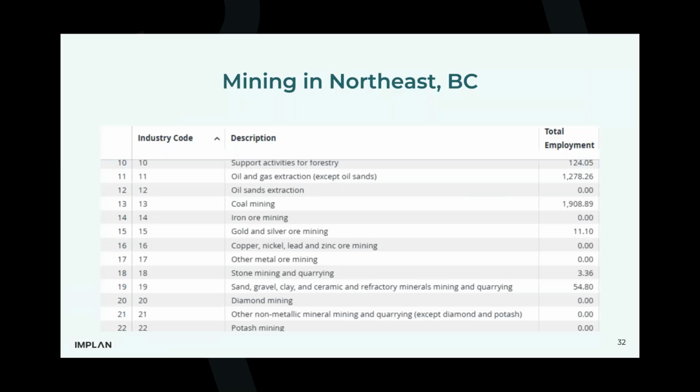So we can see here the subsectors that are driving this, such as the oil and gas extraction sector, IMPLAN Industry 11, and the coal mining sector, IMPLAN Industry 13. We can see that those are very important industries in the Northeast region.